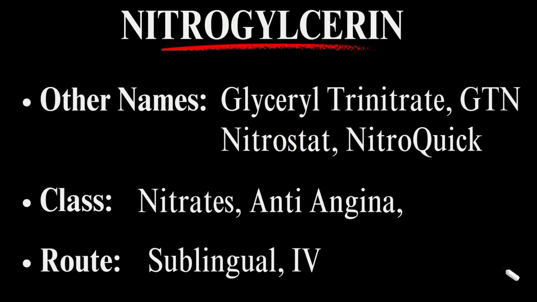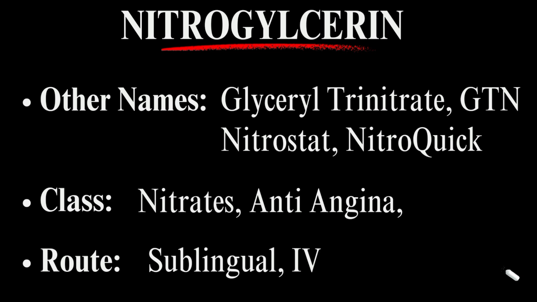Nitroglycerin. It's also known as glycerol trinitrate, GTN, Nitrostat, Nitroquick, etc. So it's a nitrate and also an anti-angina. It works by causing vasodilation and increased blood supply to the heart while reducing the heart's workload. So it can be given sublingual or IV.